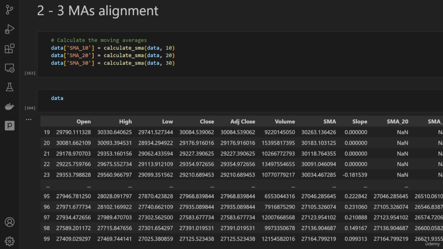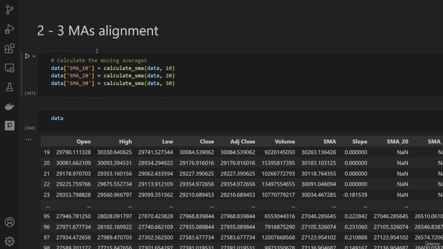The second approach to measure or to detect a trend is the three moving averages alignment. And this is a bit simpler because we can simply compute three moving averages with three different lengths. For example, the SMA 10, 20, and 30, which we are computing using our previously defined function. So calculate_SMA, we're providing data, the data frame, and then the length.